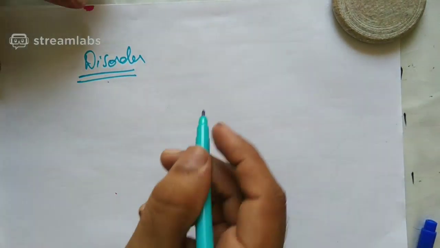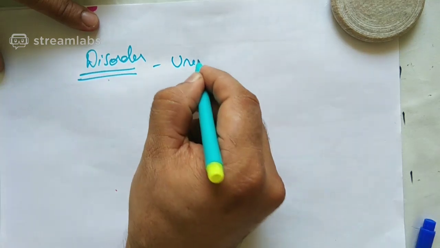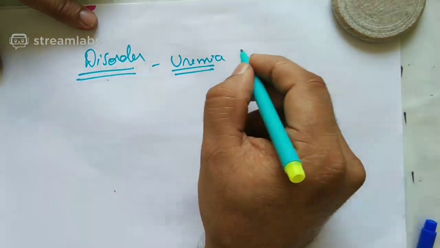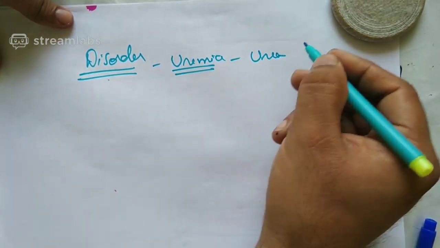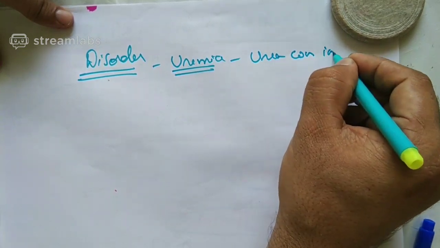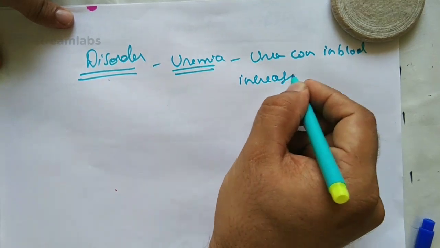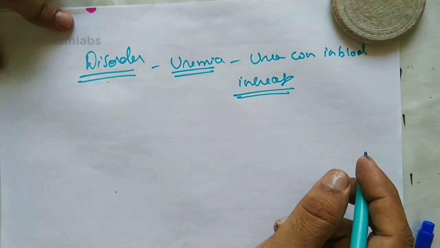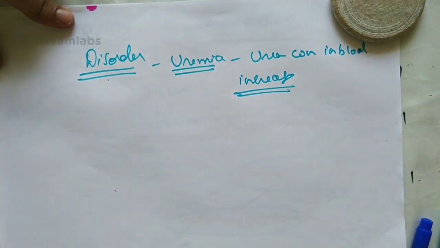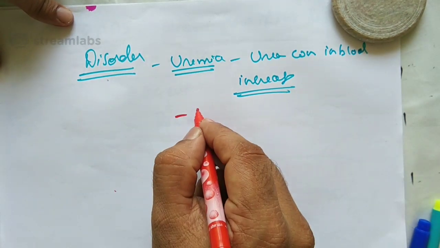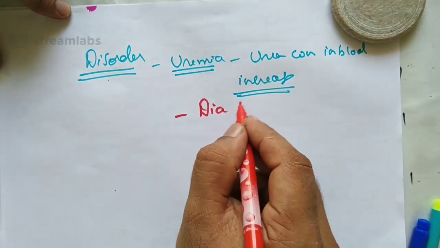The last aspect which I am going to discuss will be regarding the disorders. In the disorders, the very important one is uremia. What is uremia? Where urea concentration in blood will increase. That is called uremia. And what is the remedy for that? Remedy is dialysis.